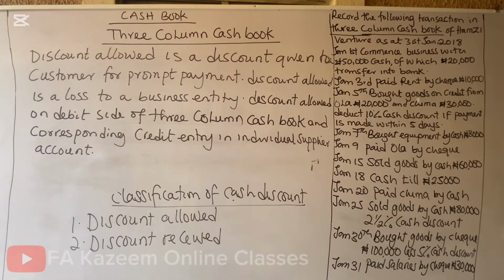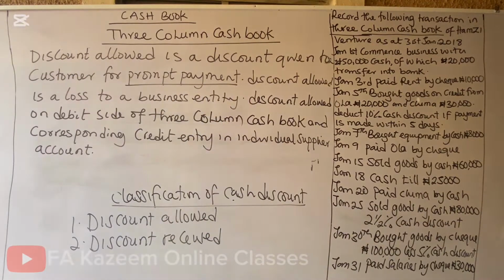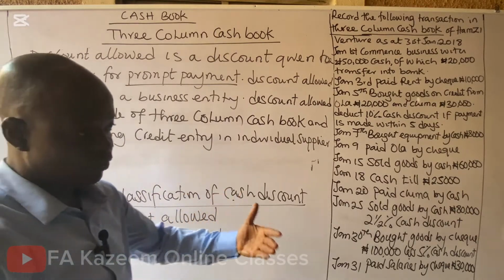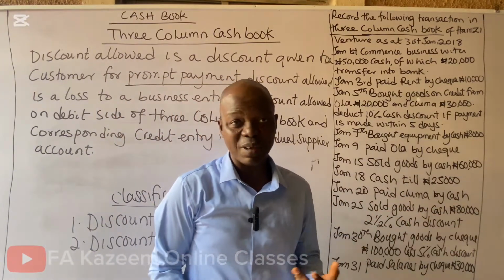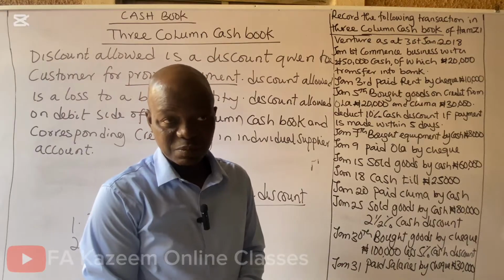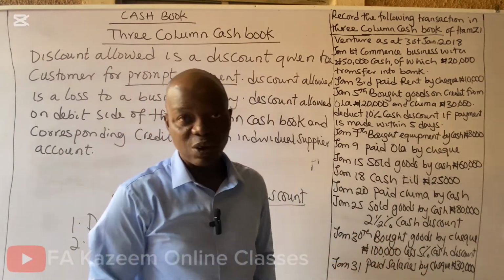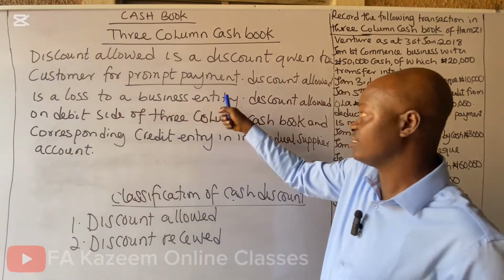Discount allowed is a discount given to customer for prompt payment, and this discount allowed is a loss to a business entity. The reason is that if you want a customer to pay 100,000 and you give such customer 10,000 naira discount, it means the customer will pay 90,000 instead of 100,000, which means you are losing 10,000 naira. That's what we said is a loss to business entity.